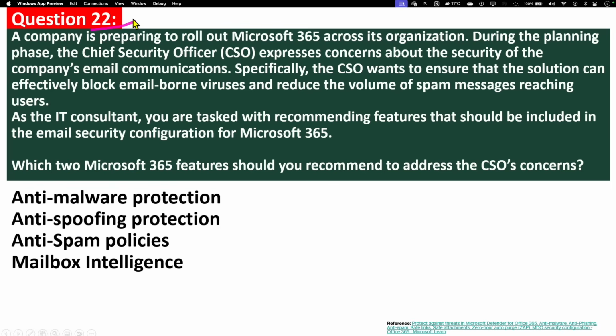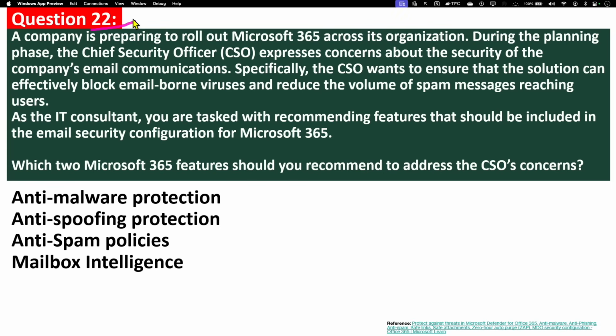Question number 22. A company is preparing to roll out Microsoft 365 across its organization. During the planning phase, the chief security officer expresses concerns about the security of the company's email communications.